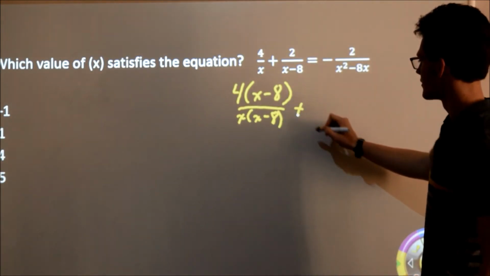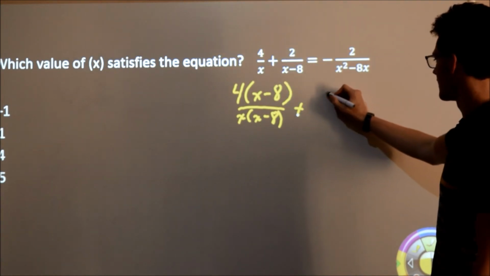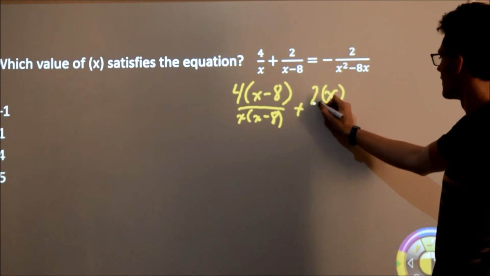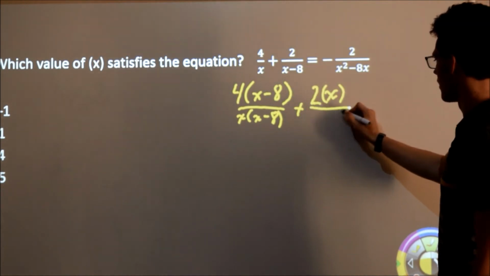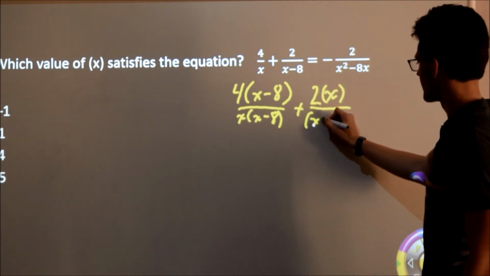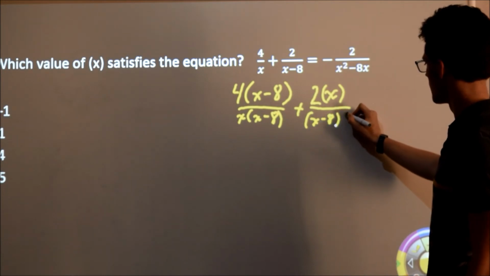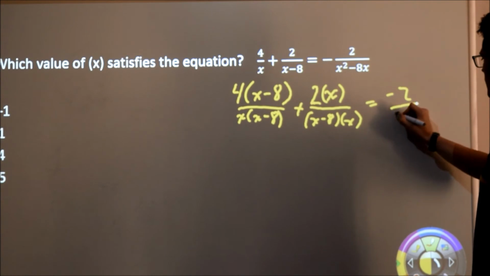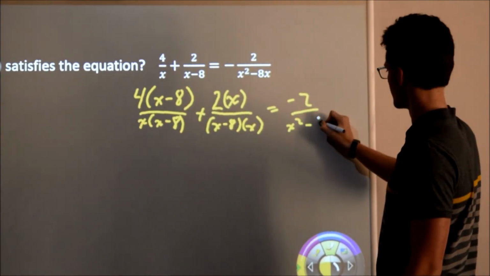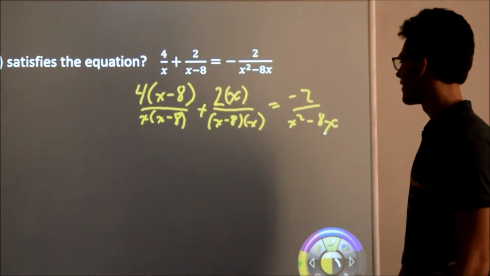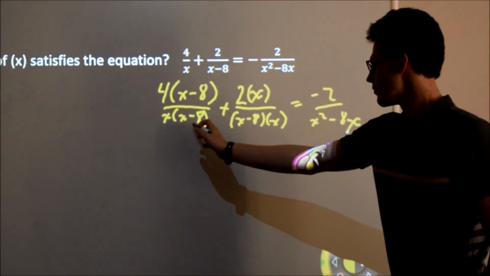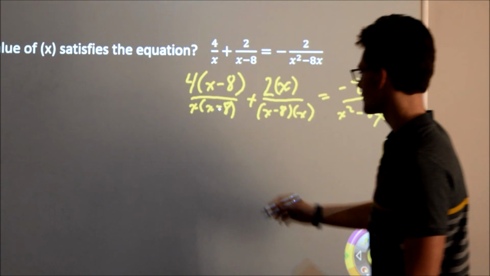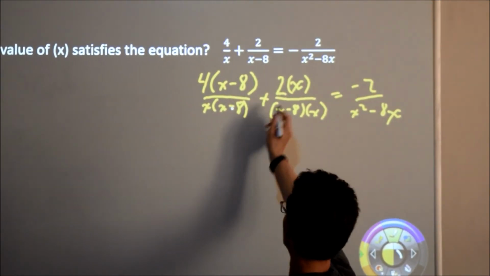So now we're still adding, so plus 2 times that x from over there, all over x minus 8 times x. That'll still equal the negative 2 over x squared minus 8x. Now we can add them, because when you multiply those two out, they're pretty much the exact same thing. So we'll multiply it out, and we'll multiply the tops as well.